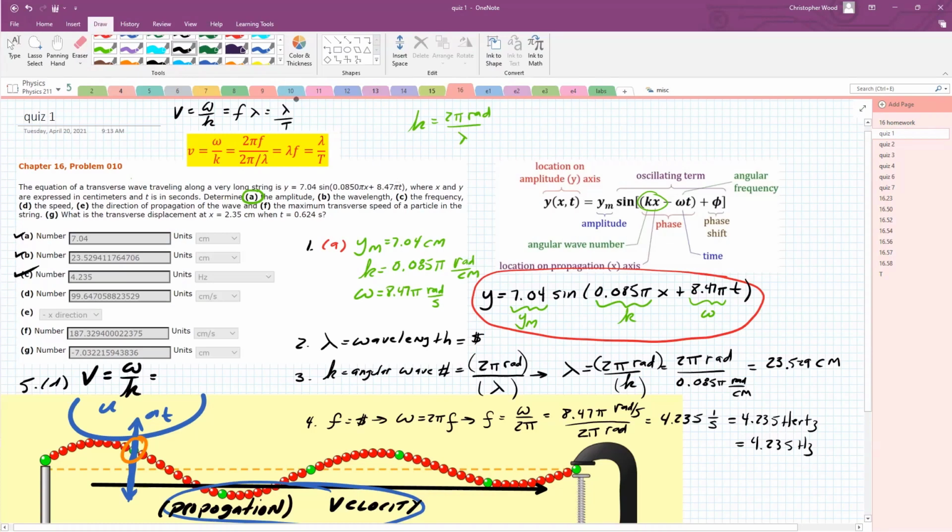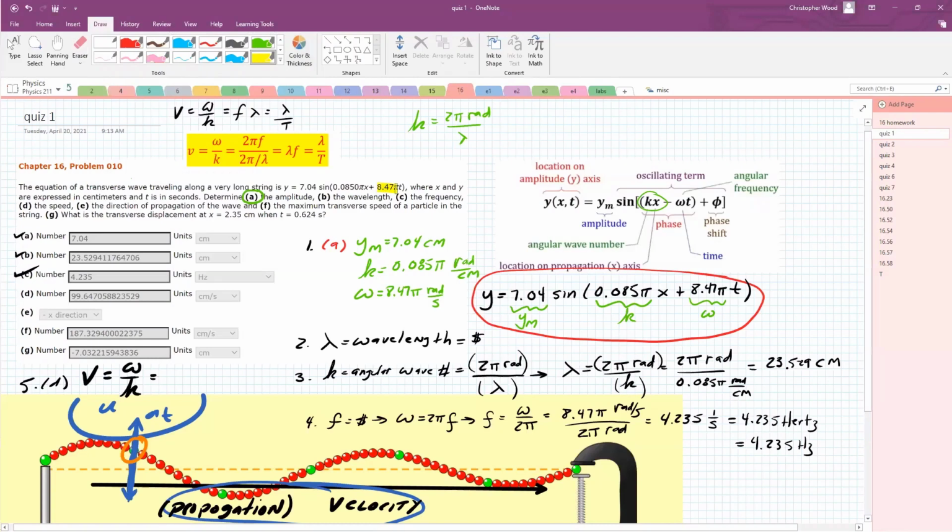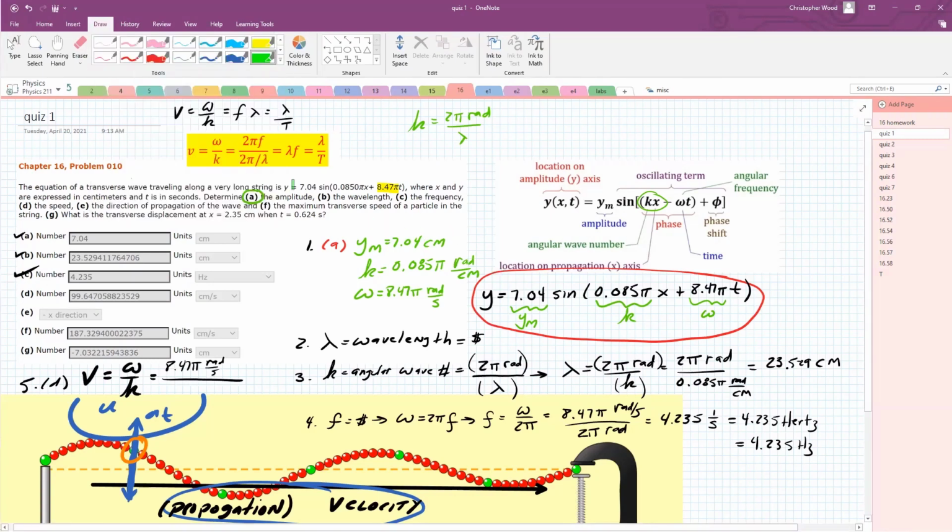Here's omega, 8.47 pi radians per second. That's the numerator. K is the denominator, and k is right here, 0.085 pi, and the units would be radians per meter.